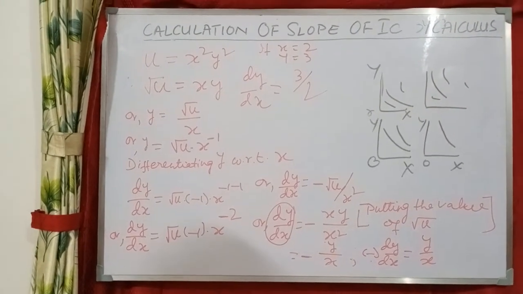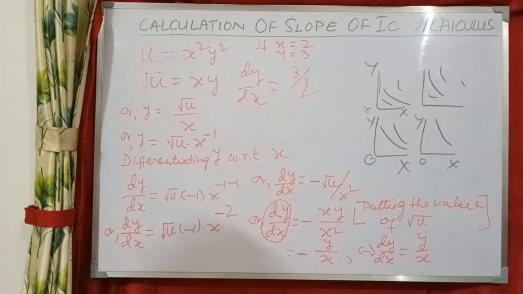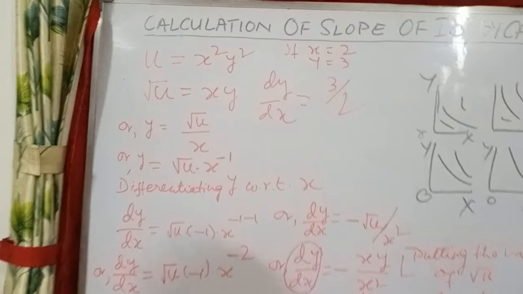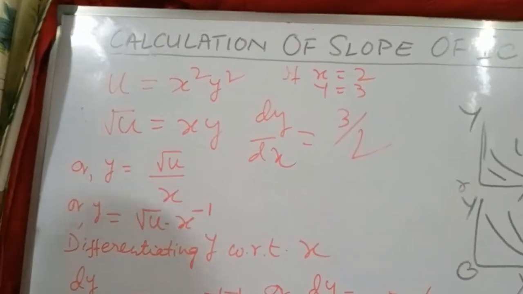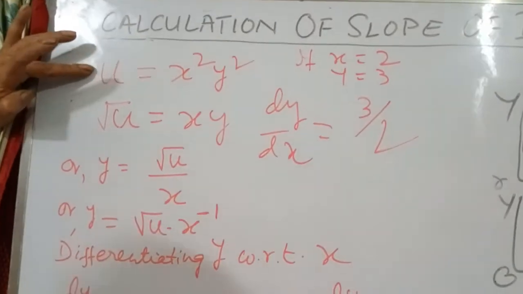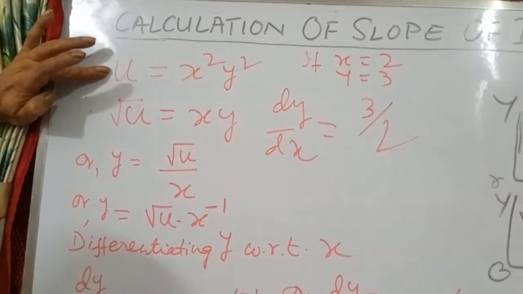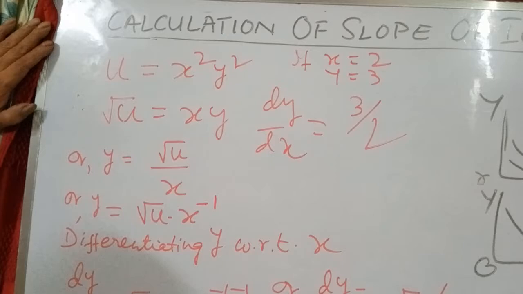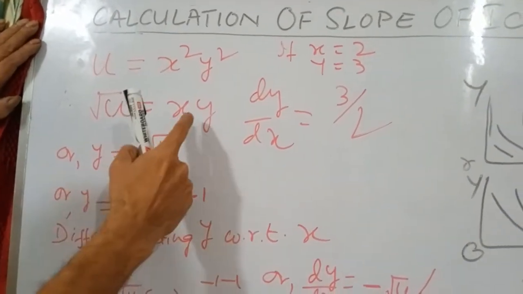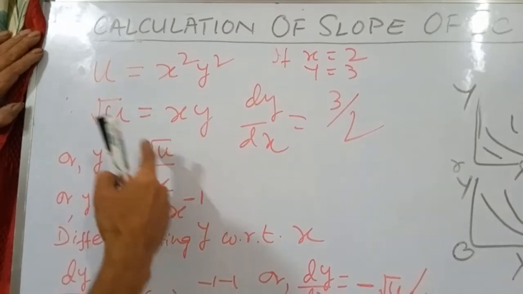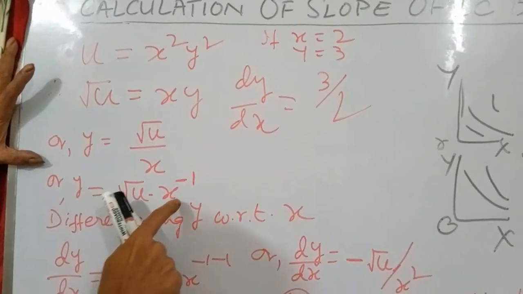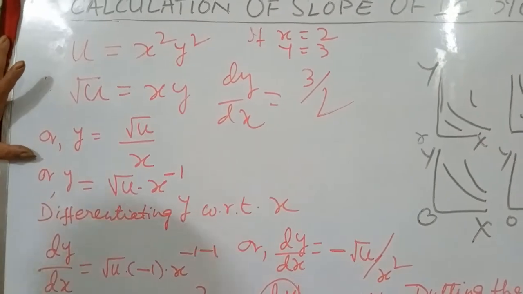So we have learned how to calculate the slope of an indifference curve by using calculus. This is the utility function of the consumer, that is u, meaning utility, equals x square y square. Therefore root over u equals xy, or y equals root over u by x, that is root over u into x to the power minus 1.